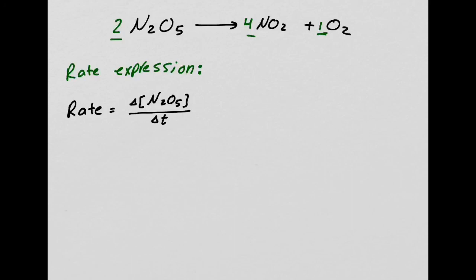The stoichiometric proportions matter. So over here, I will put a minus 1 over 2. Again, the minus is going to remind us that the reactants are disappearing.